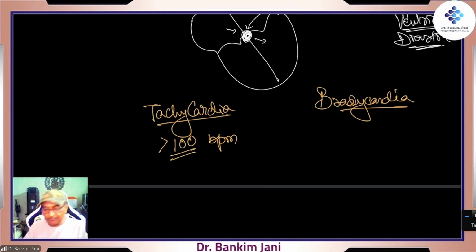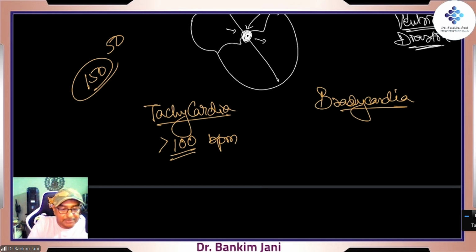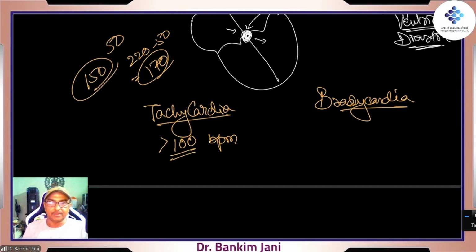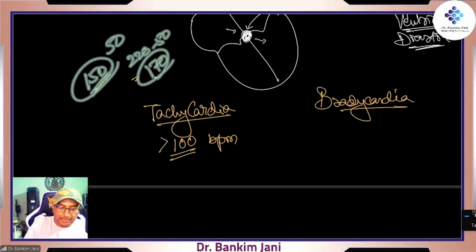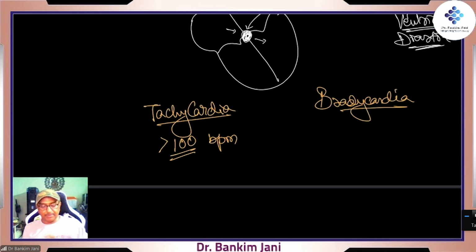But for someone of the age of 50, 150 is a tachycardia, because 220 minus 50 is 170, the maximum heart rate. By the time it reaches 150, it is almost 90% of the maximum heart rate, which is like a danger zone. The person is approaching that.